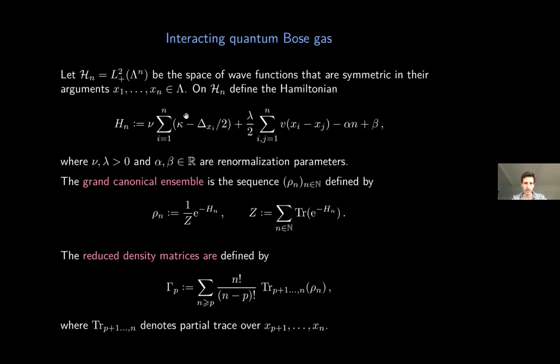So my Hamiltonian is a generic interacting Hamiltonian for n bosons. So I have my kinetic energy term. I have the same constant κ. I have an interaction with an interaction potential V. I put in some constants, ν and λ, which I will need to choose later on in various limiting regimes. And in addition, I put in some renormalization parameters.